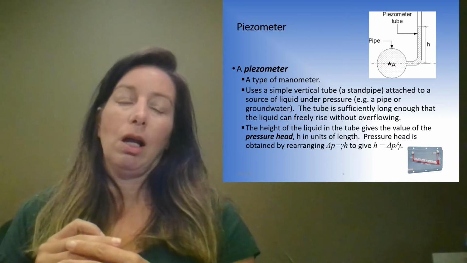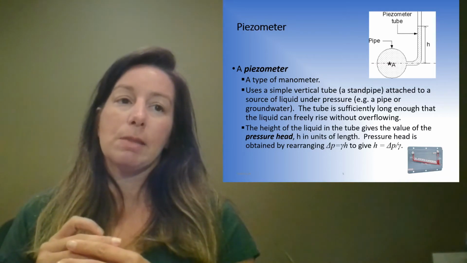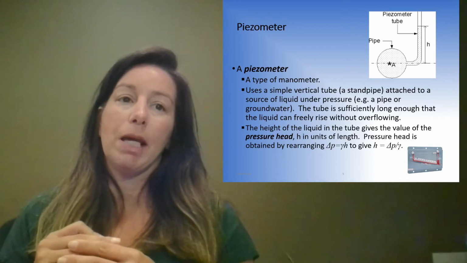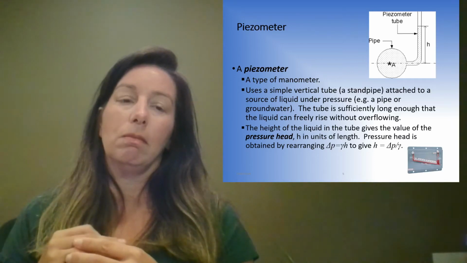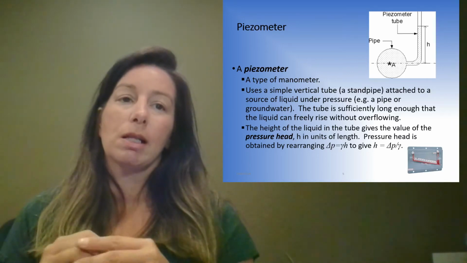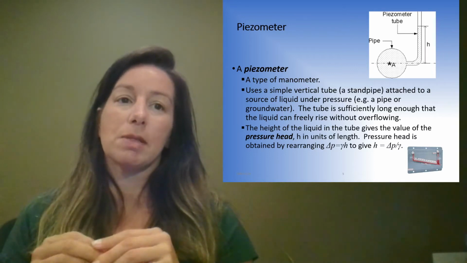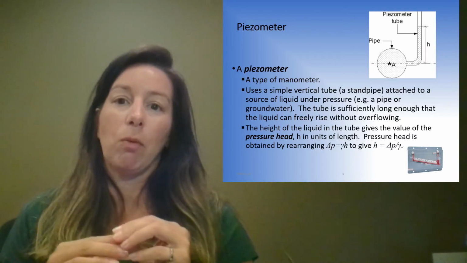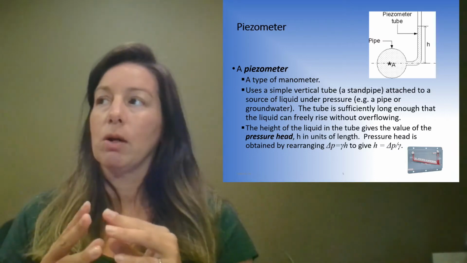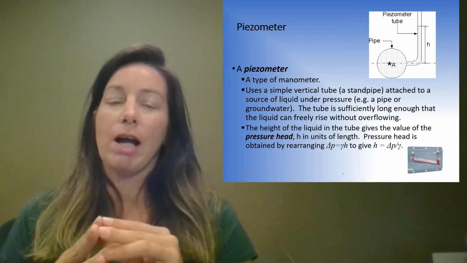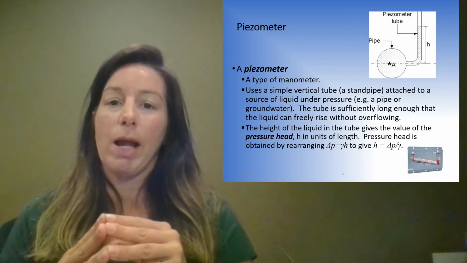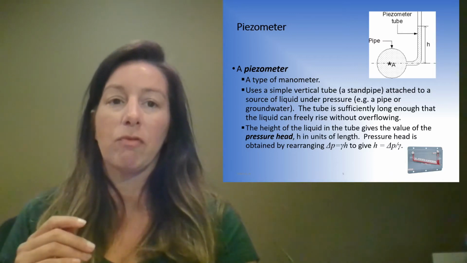So now I need to say this. The specific weight is just the specific gravity times the specific weight of water. So we've got density, specific gravities, specific weights, all that stuff, remember from the first week.